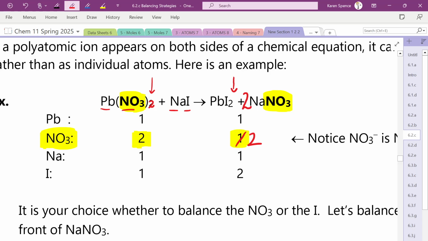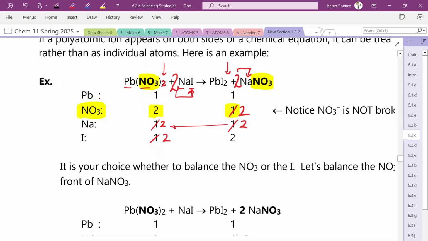That gives us 2 nitrates. That also gives us 2 sodiums. So now we need to fix sodium. So put a 2 in front of NaI. And that's also going to give us 2 iodide, which is lucky, we needed 2 iodide anyway. Okay? Super simple.